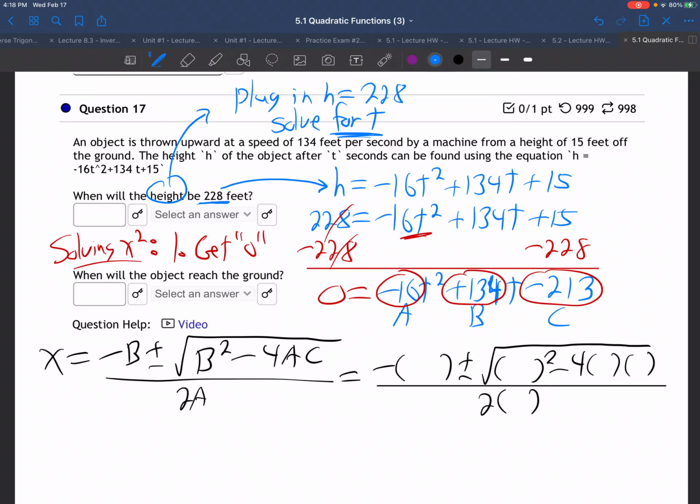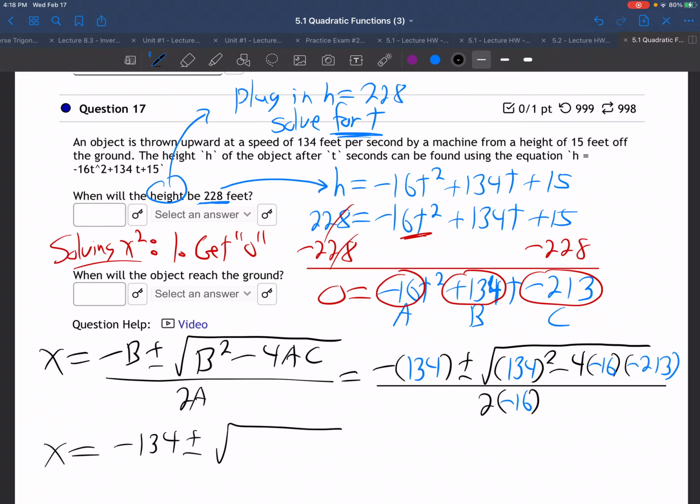Let's plug things in. B here is 134. A is minus 16. C is, let me make this a little bigger here, minus 213 for C. All over 2A, 2 times the minus 16. There we go. All right, let's keep that cranking. So that's minus 134 plus or minus the square root of 134 squared.